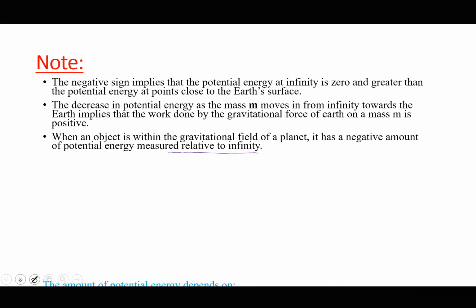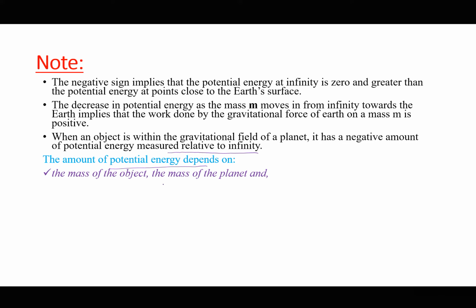And we have also said that the gravitational potential energy depends on two things. Number one, the mass of the planet, the bigger mass creating the resultant field. And number two, the distance between the centers of mass of the object and that of the planet.